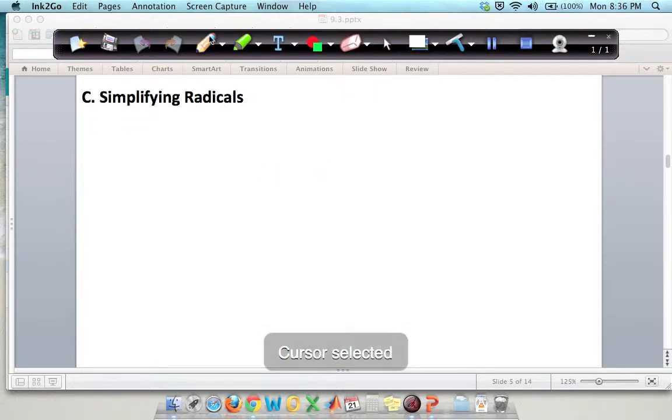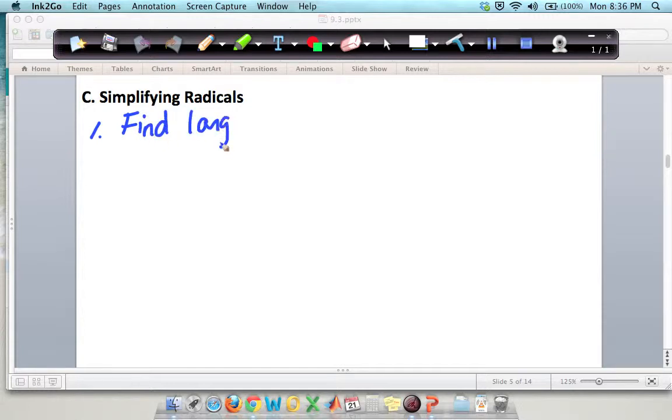So simplifying radicals. How do you simplify radicals? I'm going to show you, write down a few steps before we actually start simplifying. The first thing you want to do is find the largest perfect square if you have a square root. If you have a cubed root, you want to find the largest perfect cube.